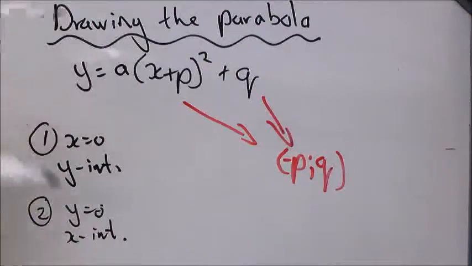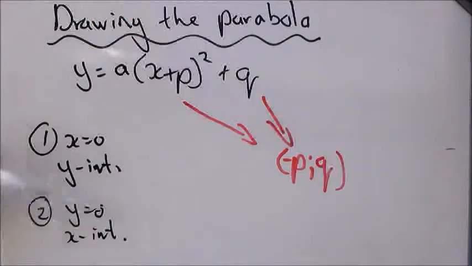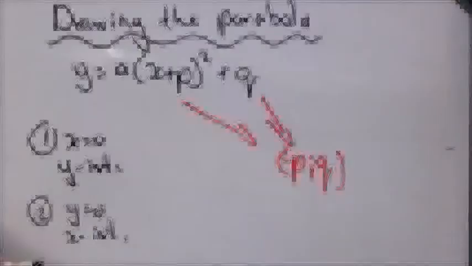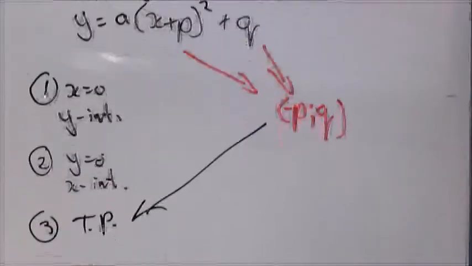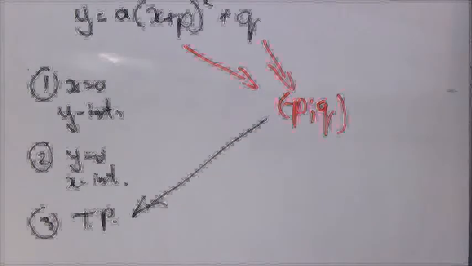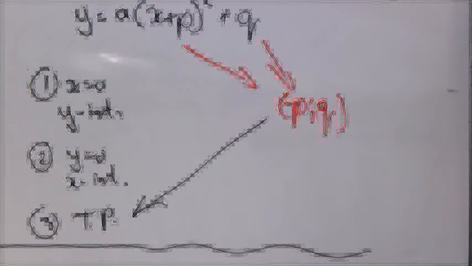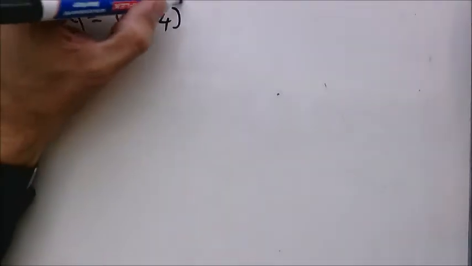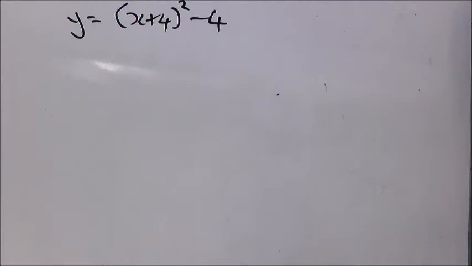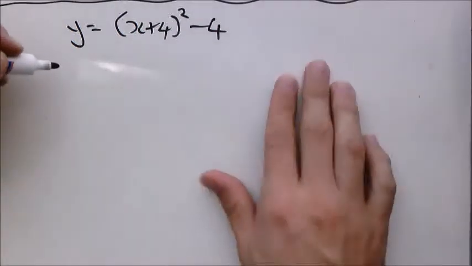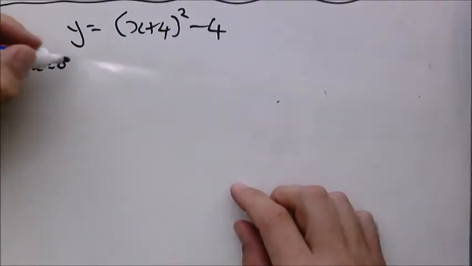So we just make y 0, solve for x, and then we have our x-intercepts, and thirdly the turning point, and that is determined just from the actual form. So this is how you approach it. Let's do an example. The example will be y equals (x plus 4) squared minus 4. We're starting easy. So first things first, you make x 0.